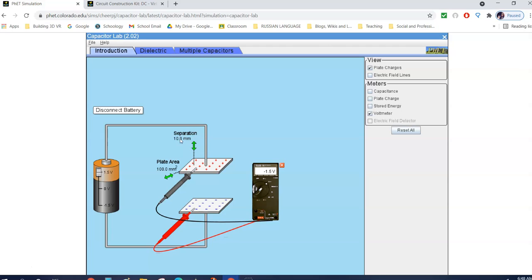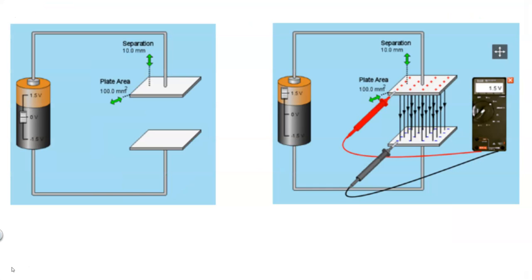So this is the separation. And then once we've found the electric field strength, we can use the formula to work out what the force would be on a charge placed within that field, using F equals QE.